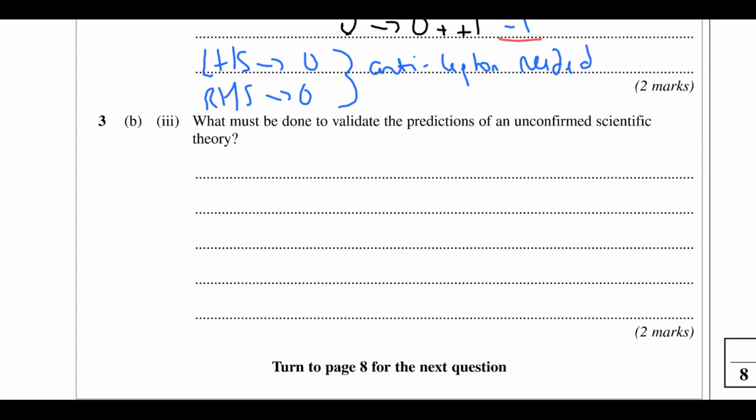What must be done to validate the predictions of an unconfirmed scientific theory? So you've got a theory which is known as a hypothesis. So the first thing you must do is you must test your hypothesis.